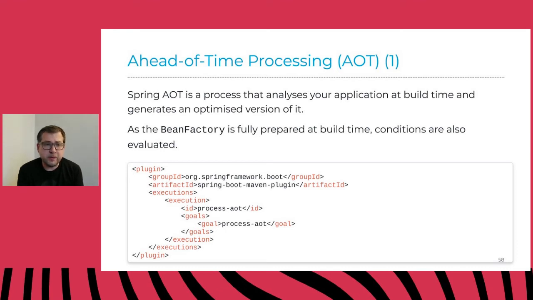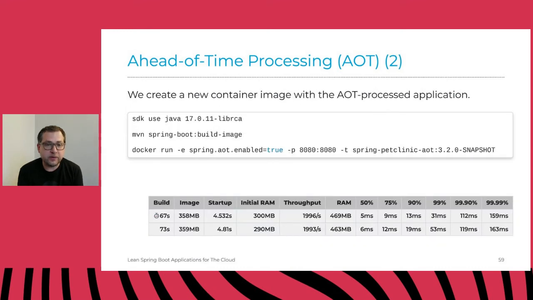It means I get build time component scanning, entity scanning, and other things. It will be really optimized, and it will actually be faster because this optimization is in place. And you see now the numbers. Basically, the generation takes quite a bit longer, the image size is bigger, and we are within the same range of the startup time.